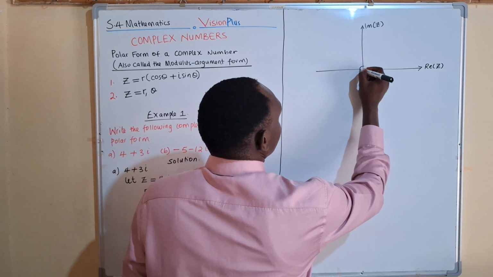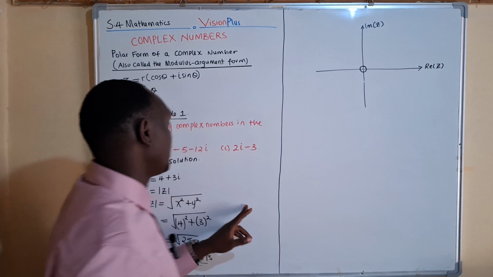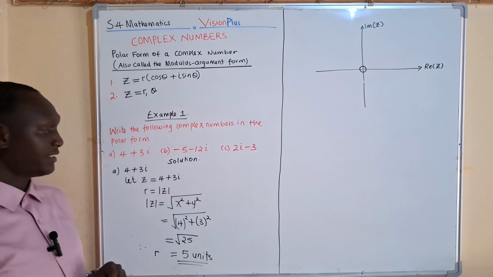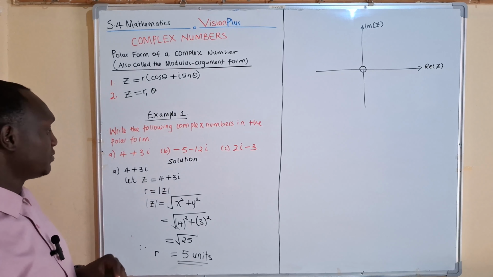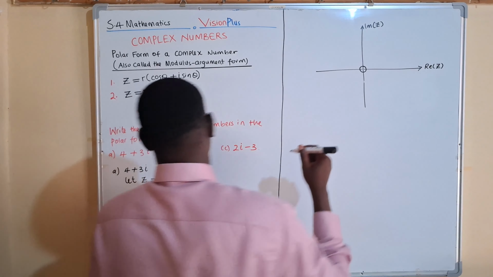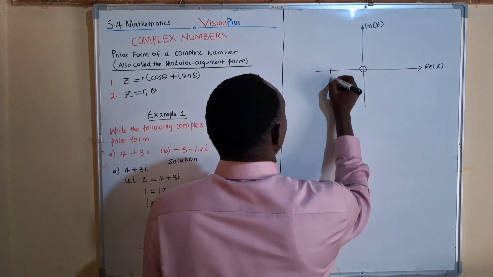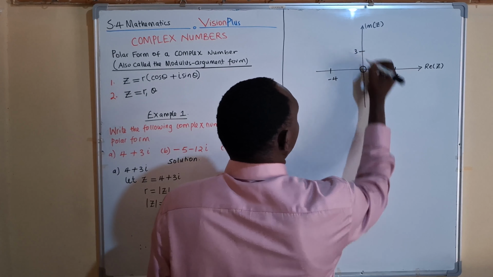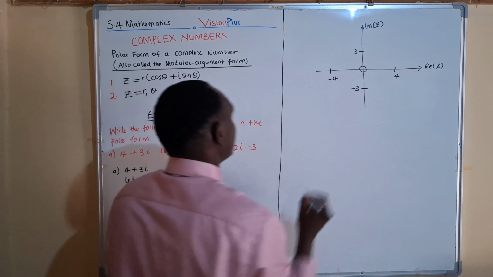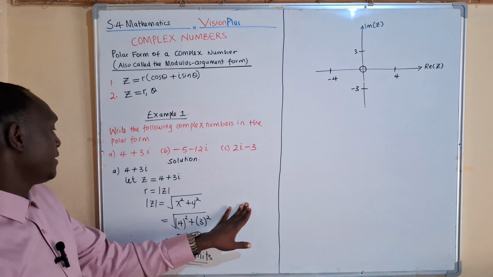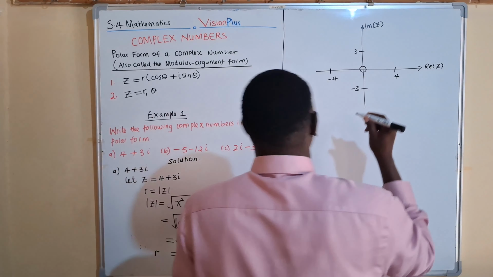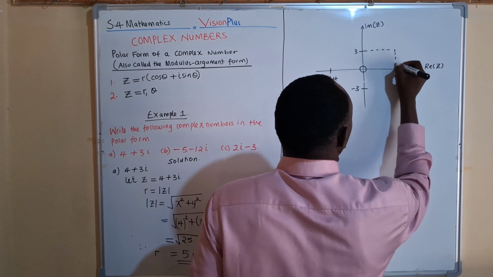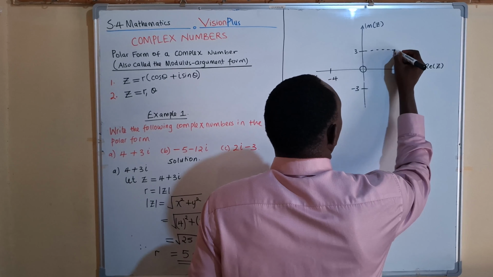At the origin here we have the center O. Now we need to represent this. I'm going to be fast in representing that because we know it already. I'm going to have here negative 4, 4, here 3, and here negative 3. The complex number has both parts positive, so they are going to meet somewhere there.